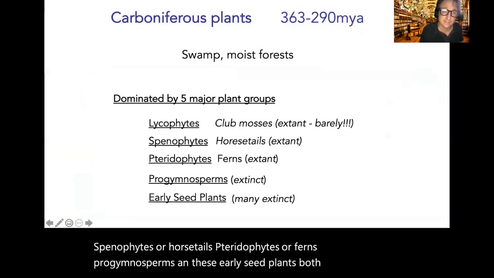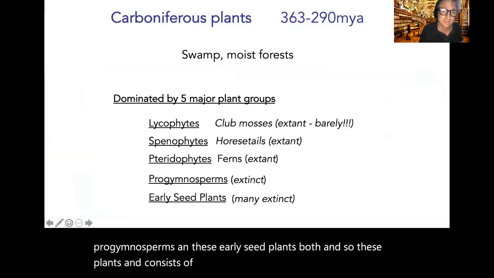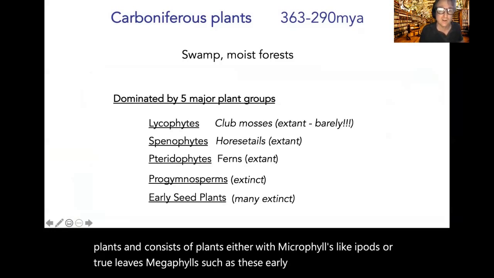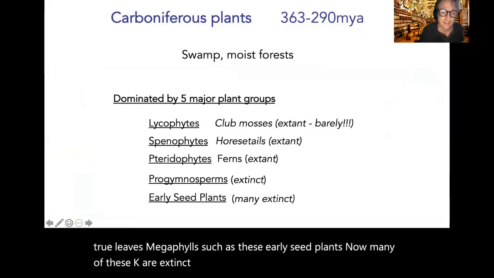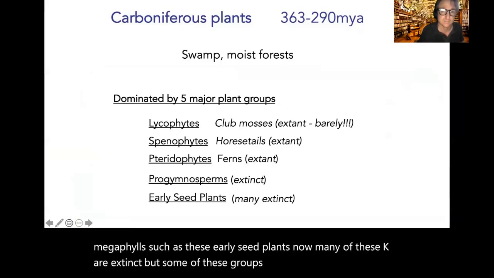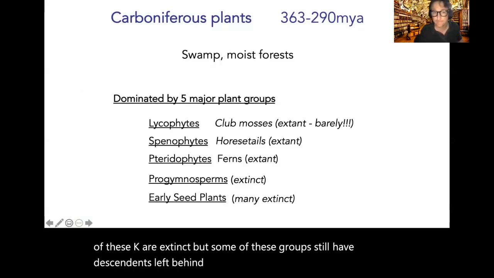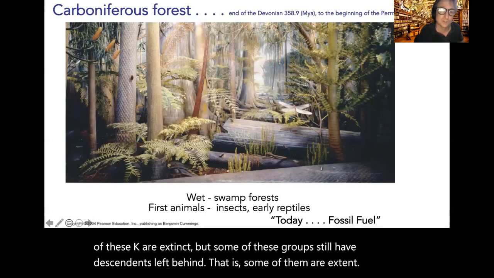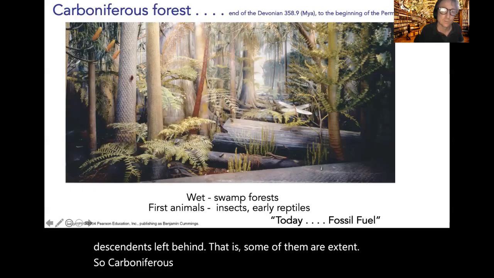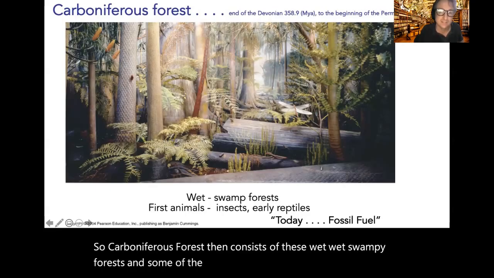These plants consist of plants either with microphylls, lycopods, or true leaves, megaphylls, such as these early seed plants. Now, many of these are extinct, but some of these groups still have descendants left behind. That is, some of them are extant. So a Carboniferous forest consists of these wet, swampy forests and some of the first animals, insects, and early reptiles.